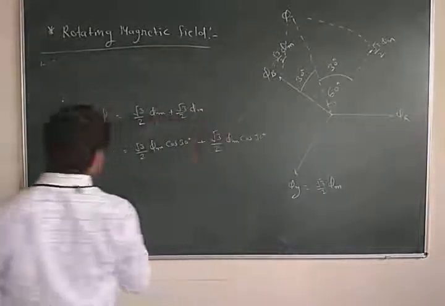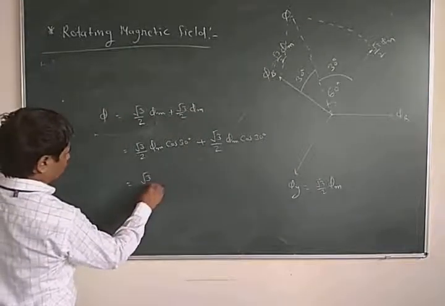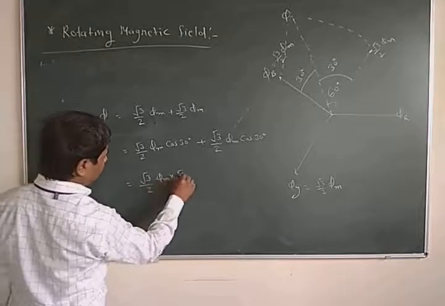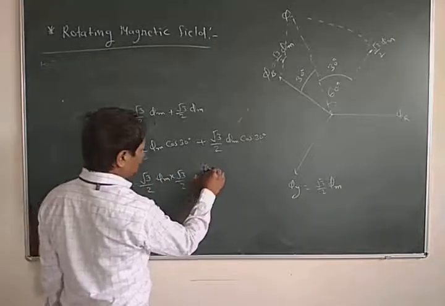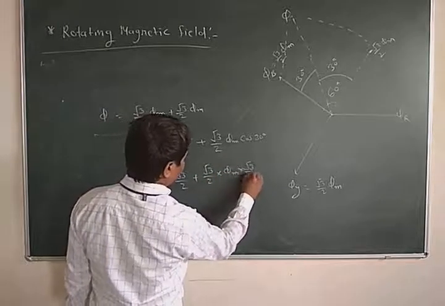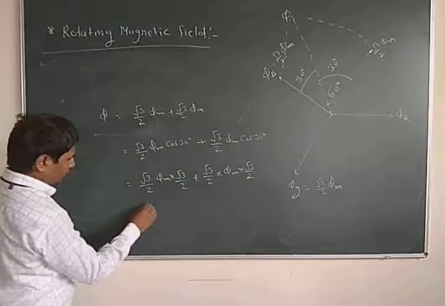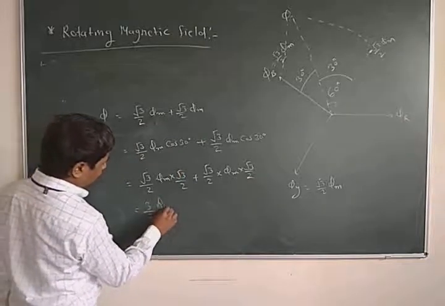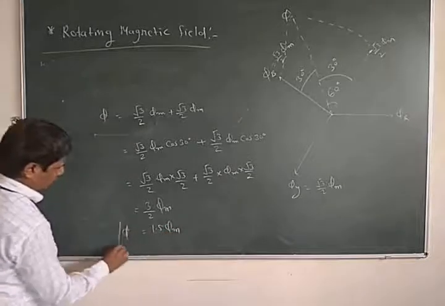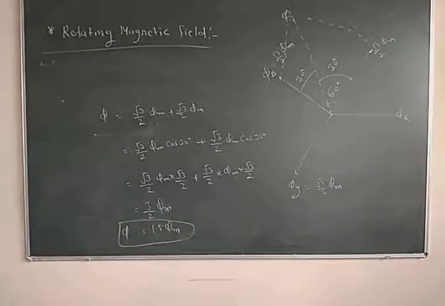So we can write root 3 by 2 phi m into root 3 by 2 plus root 3 by 2 into phi m into root 3, so we can write 3 by 2 of phi m, or 1.5 of phi m. So the resultant flux in the air gap is 1.5 times the maximum flux in a phase or of a pole.